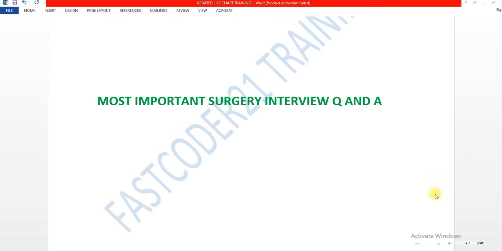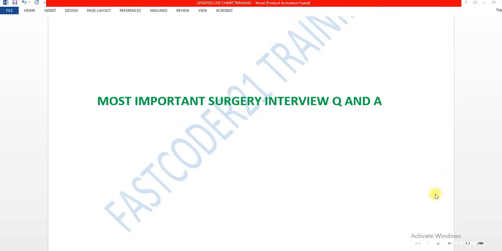What is the largest bone in the body? Femur. Perfect. What is the smallest bone? Ear bones, incus, stapes. Okay. What are the spinal levels in the body?